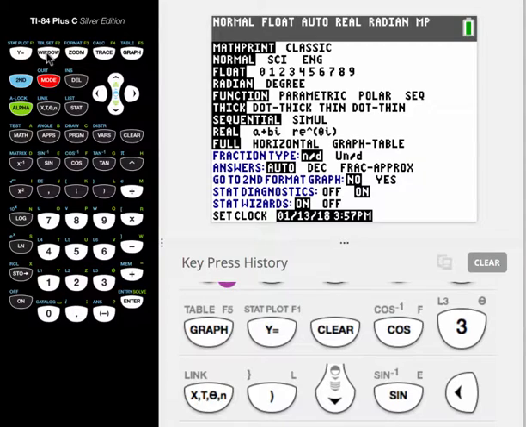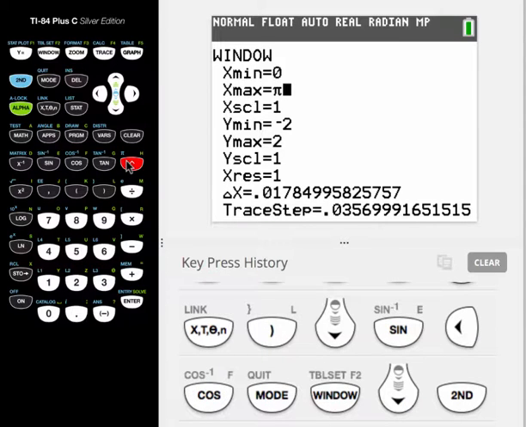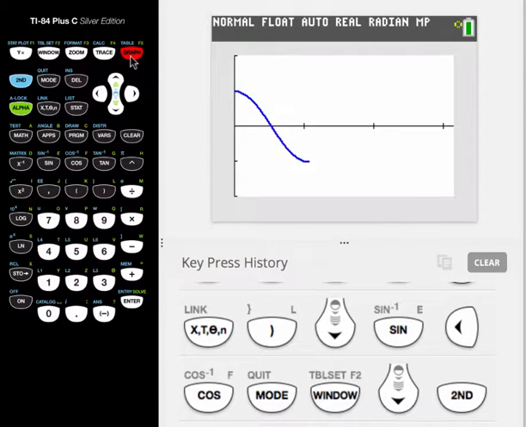Just make sure I'm still in radians. My window is 0 to pi this time. I can't go above or below plus or minus 1, so this seems to be fine.